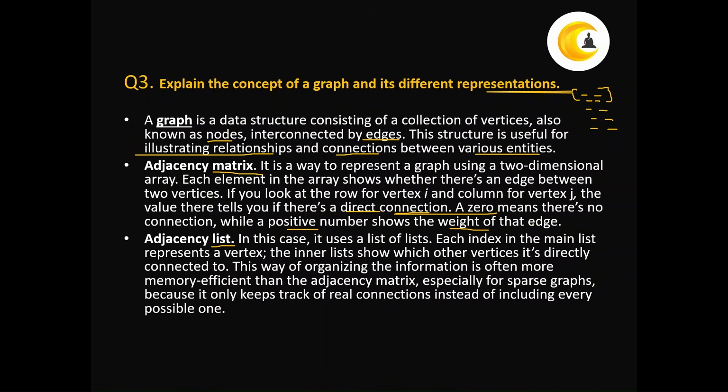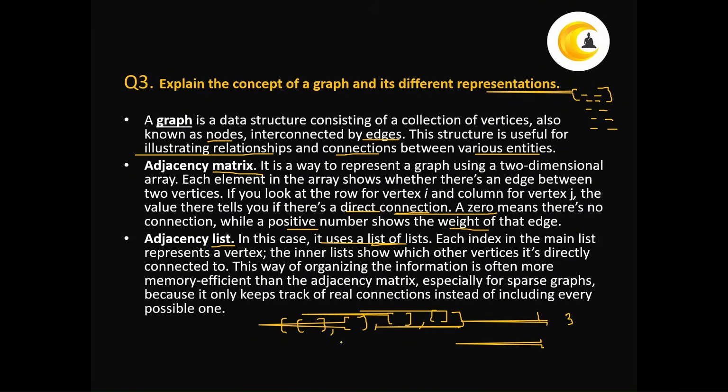That's a matrix. But when it comes to a list, what is a list? In this case, it uses a list of lists. Okay. So each of the main lists represents, so it's basically something like this. You have it like this, and you write all of those within the brackets. So it basically represents a vertex. The inner list shows which other vertices it is directly connected to. Okay, so directly you will just write 1 comma 3.